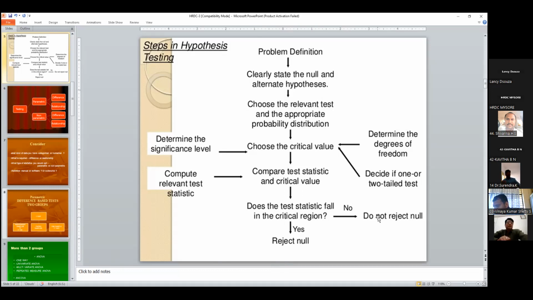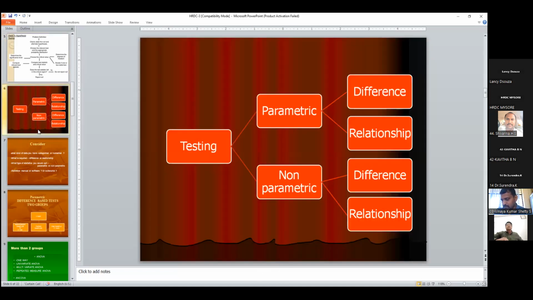Now we'll slowly move on to the types of statistics which can be employed at a minimum level in social sciences. So we'll go to the next slide. As I said, entire testing will go under four major categories. Your testing could be either parametric or non-parametric.